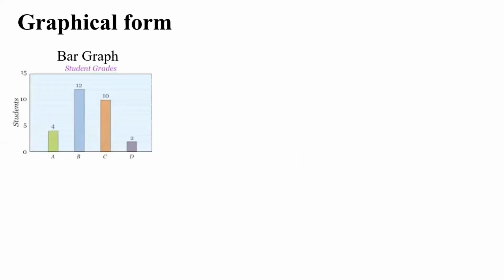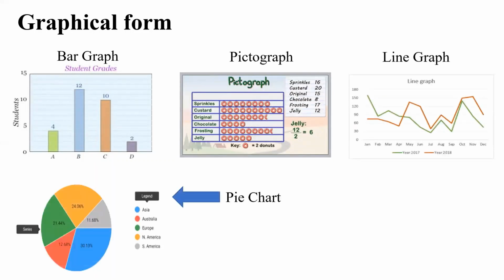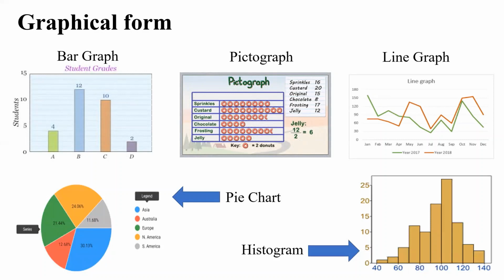So here are the different graphical forms: bar graph, pictograph, line graph, pie chart and histogram. In a bar graph and a histogram, both, data is represented in the form of bars or rectangular boxes.